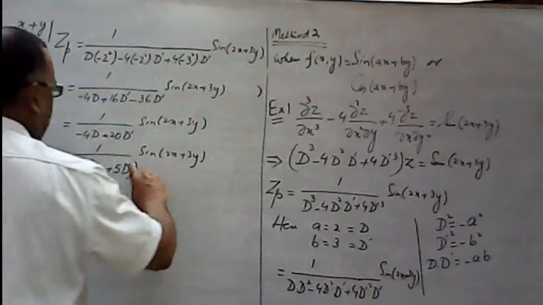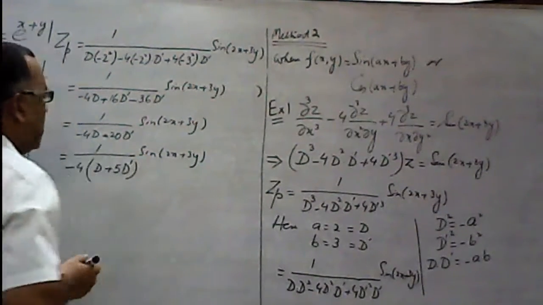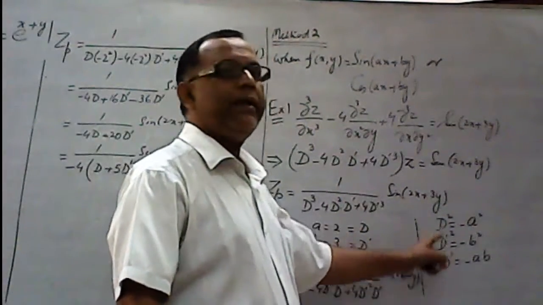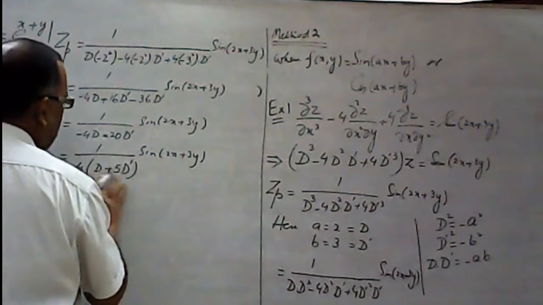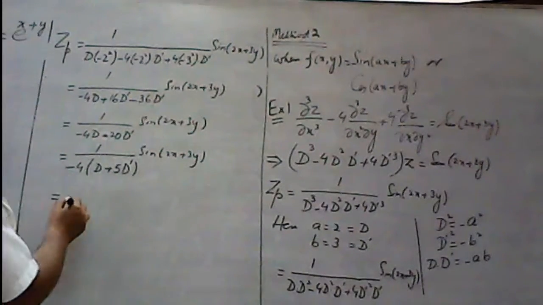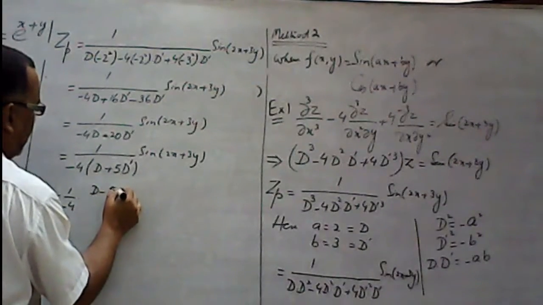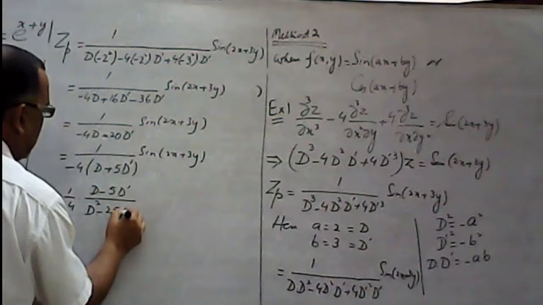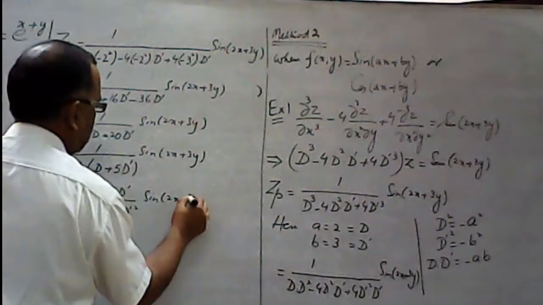Now from here, if you remember what we did in higher order ODE, because we are only allowed to substitute the values of quadratic D and no D is quadratic here, so we need to make it quadratic by rationalizing. So this is 1 upon minus 4. I write D minus 5D dash in numerator, so it will become D squared minus 25D dash squared, sin(2x+3y).